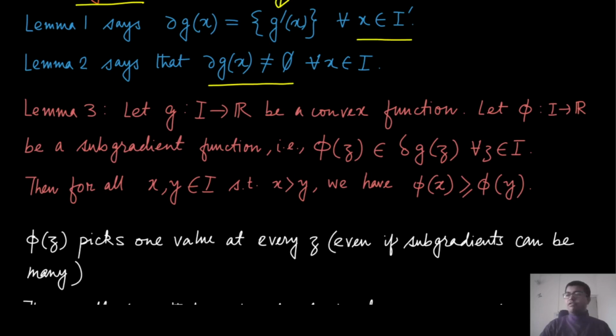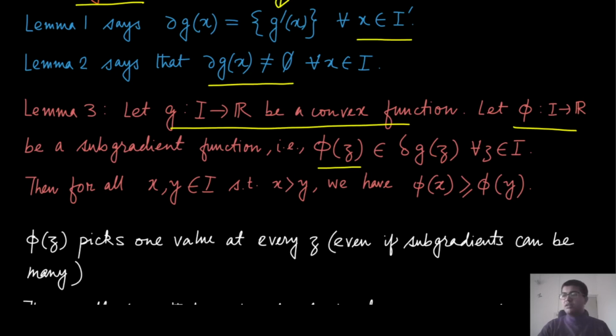So if we have a function g, let's say a convex function, we are going to define a function called a subgradient function, which also maps reals to reals. The property that it has is that at the points where the function is not differentiable, you can have multiple subgradients.